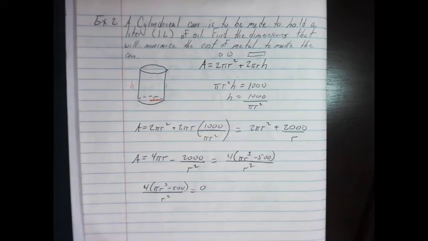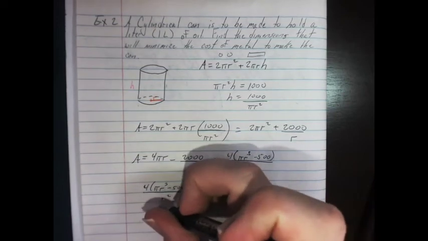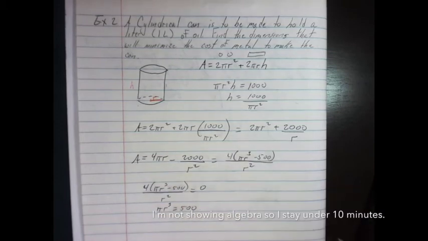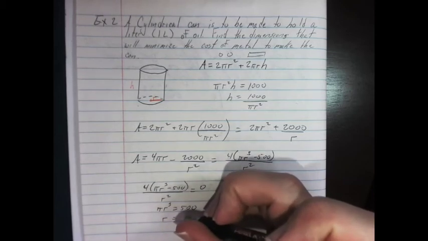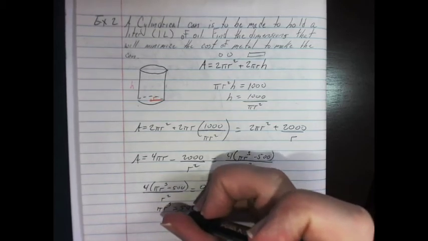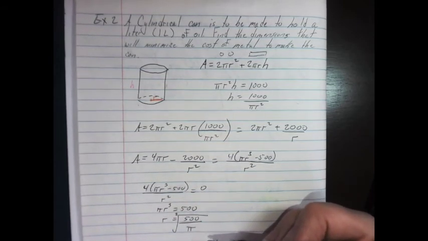And it turns out that we're going to get this when r cubed equals 500. That doesn't look like a very satisfying number. However, considering our answer is going to be 500 divided by pi, all to the cubed root, I don't want to figure out that number because that's just, quite frankly, awful.